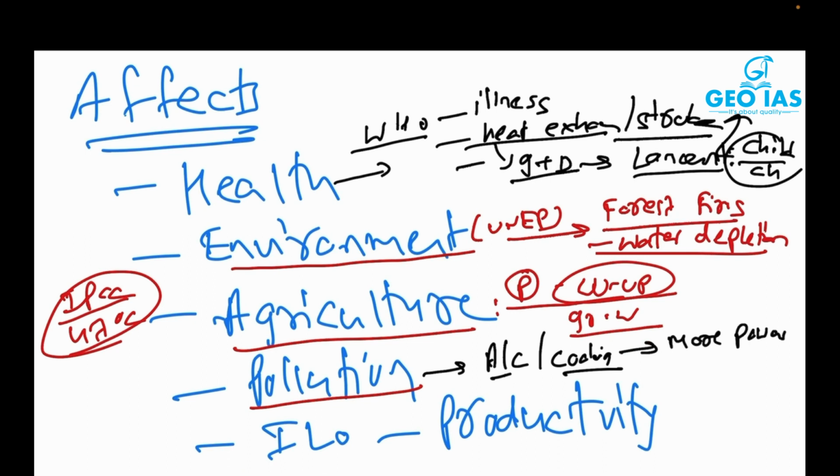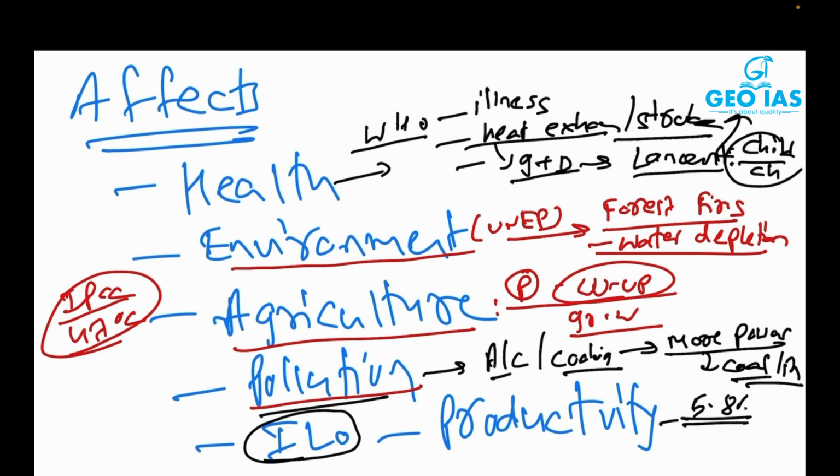If they are consuming more power, we are creating a burden on the coal or thermal power plants. So that's the reason it is going to create pollution and other things.